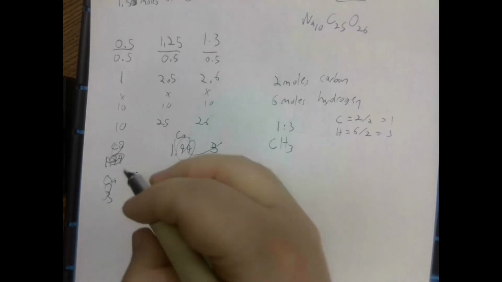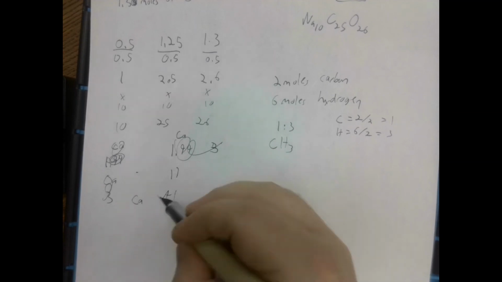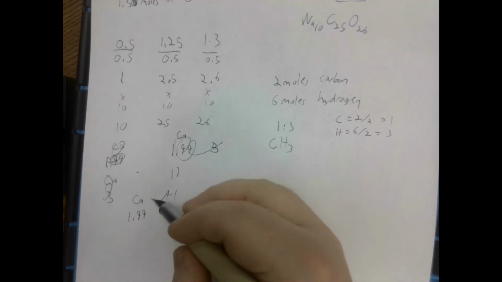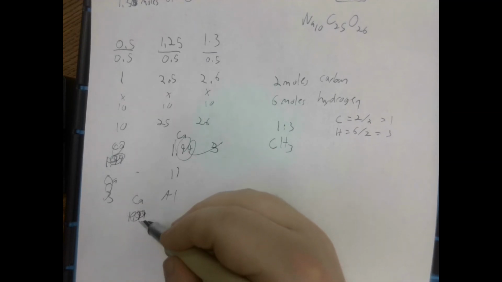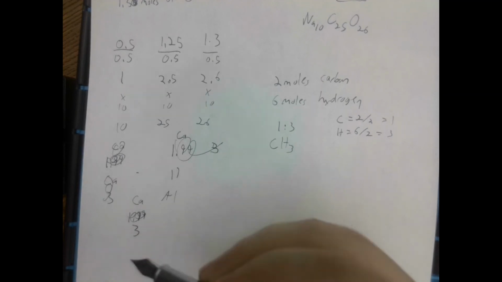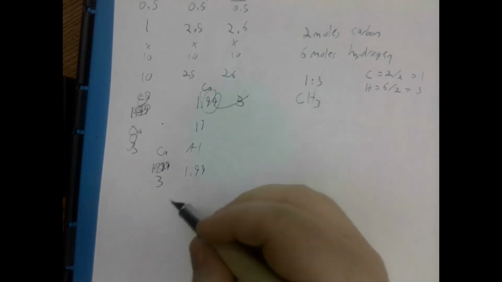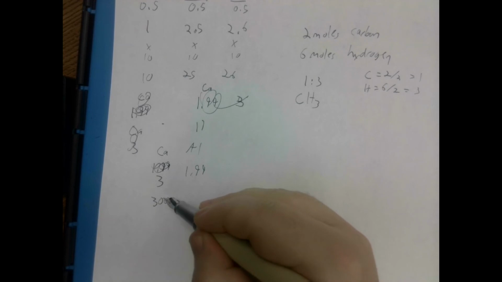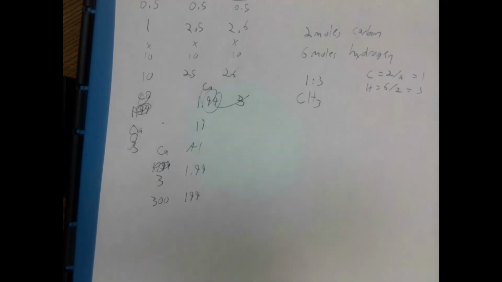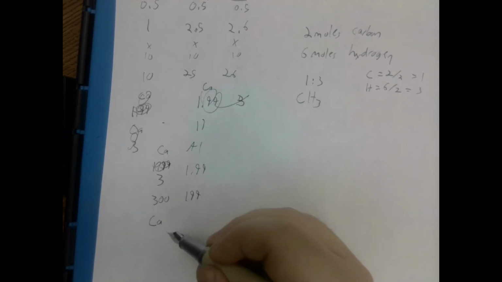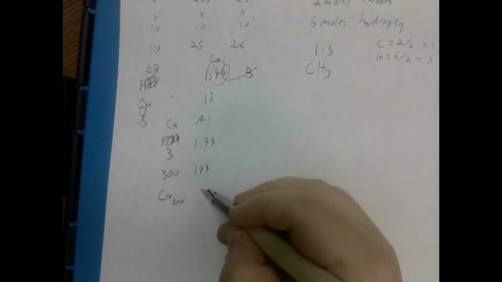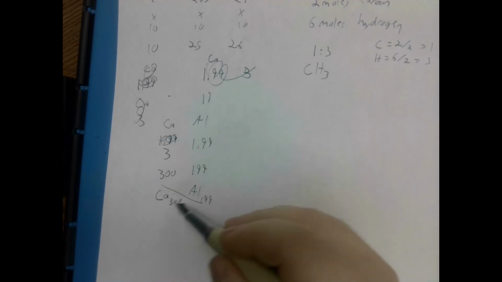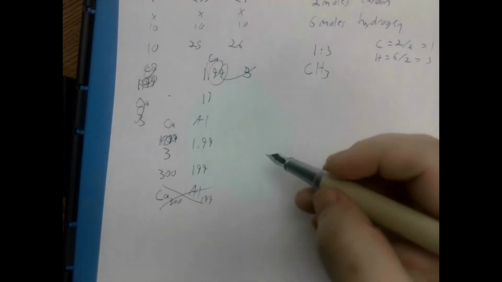Trying to think. Yeah, calcium and aluminum. We get 3 for calcium and 1.99 for aluminum. If we were to find the lowest common multiple, we'd see that this is 300 and 199. So we would expect the formula to be calcium 300, aluminum 199. Don't do this. That's your rounding mistake.